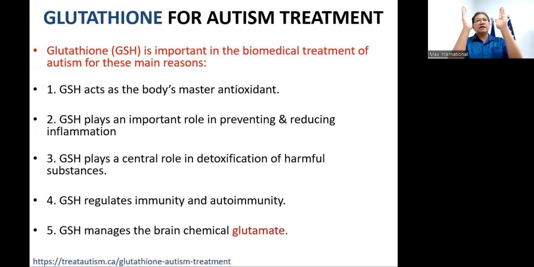Remember, glutamic acid, the amino acid, is one precursor of glutathione. But it so happens in the brain, excess glutamic acid or the salt form glutamate is harmful.